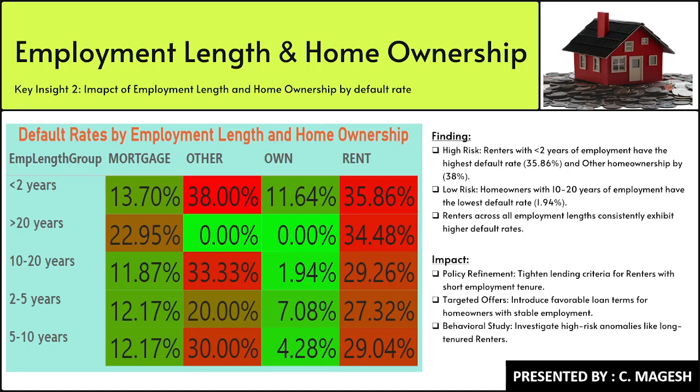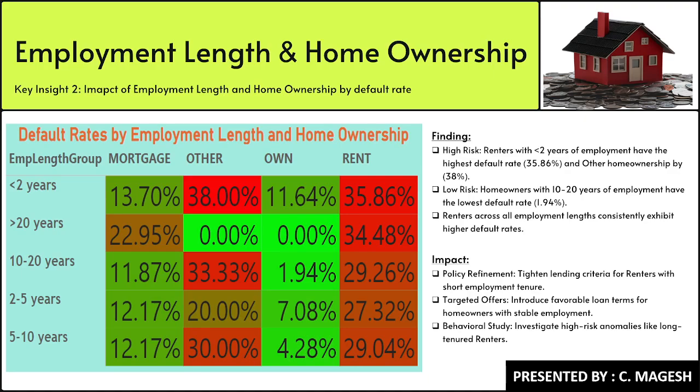Renters consistently exhibit higher default rates across all employment categories. So what we should do is tighten the lending policies for renters with short employment tenure, and we should develop targeted loan offers for homeowners with stable employment.